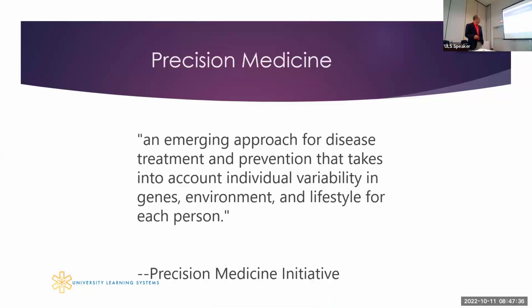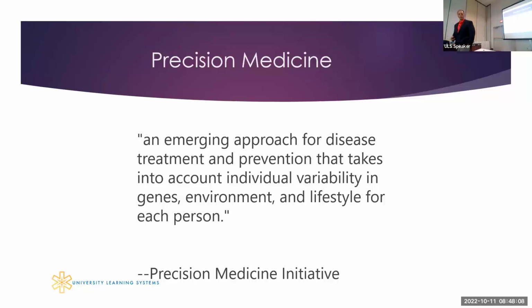Under the Obama White House, there was a thing called the Precision Medicine Initiative. They said, we're going to take this emerging approach that for disease treatment and prevention takes into account the individual variability, genes, environment, lifestyle for each person. Well, that's integrative medicine. This has been around for a while, around 2009, and it came out of the Obama White House.